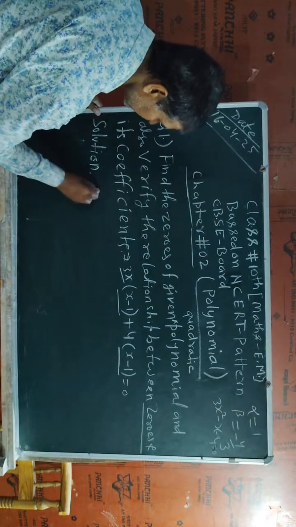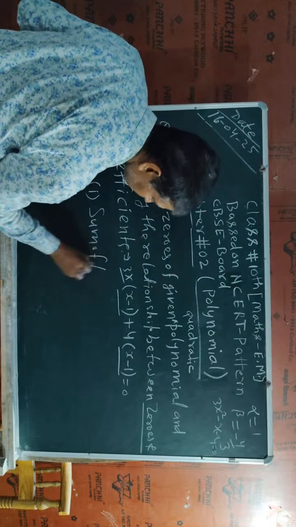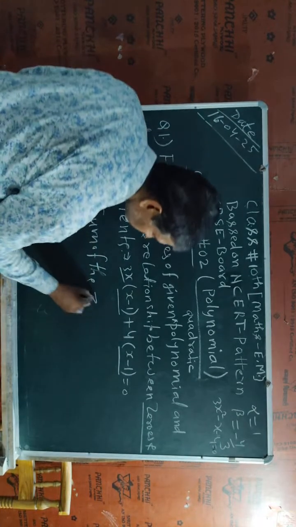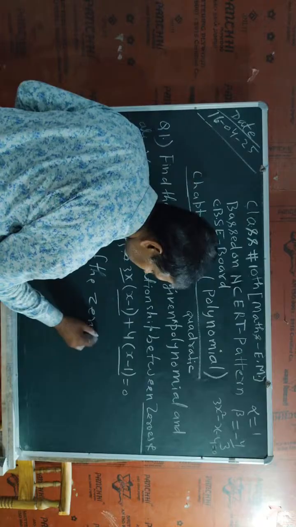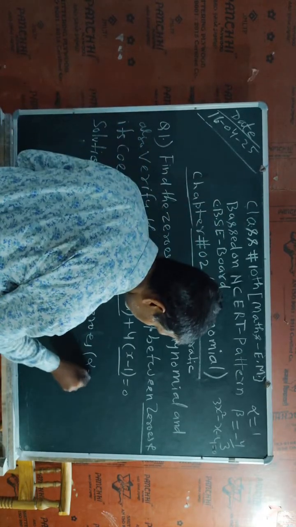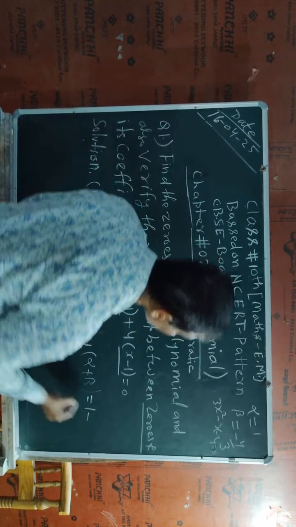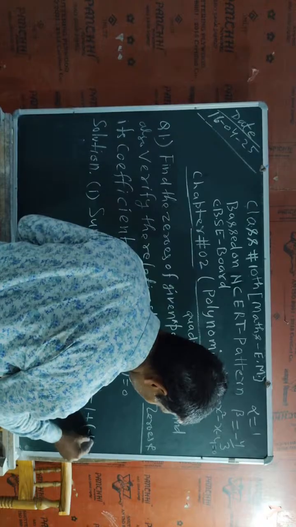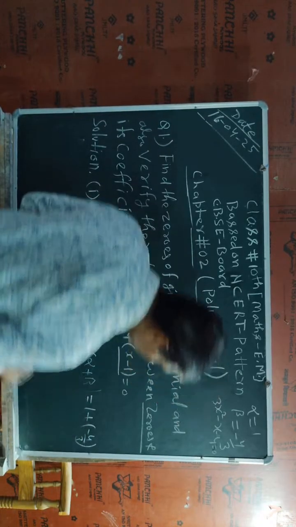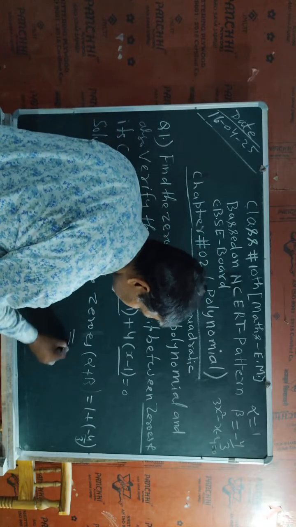So here I will write the sum of the zeros. Sum of the zeros, that is alpha plus beta. So I will take 1 plus, in the bracket, minus 4 divided by 3. So I will take its simplification, which is very important.